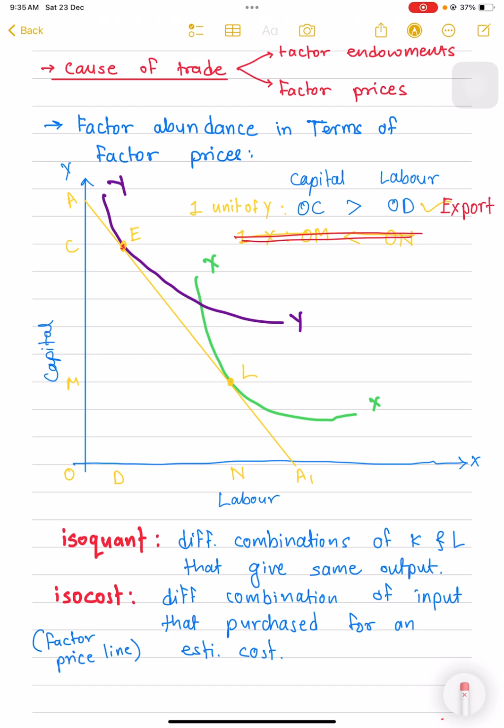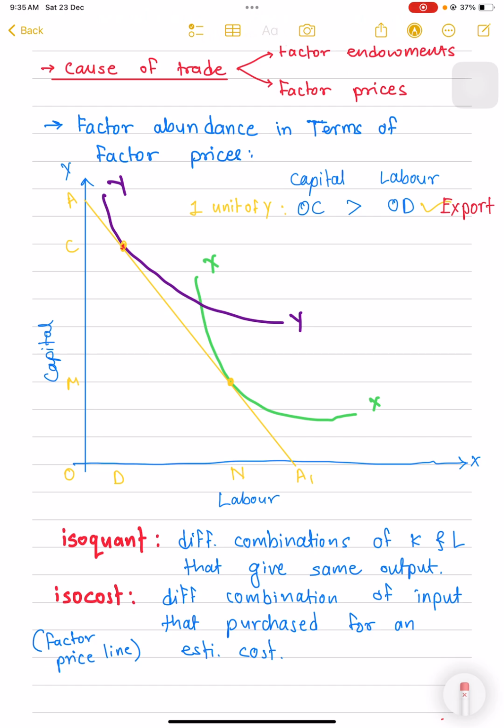First part of the diagram. Okay, now we will look at what will happen in country B, where labor is relatively cheap.